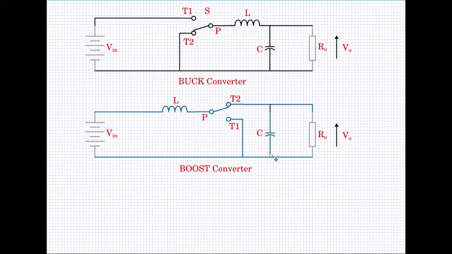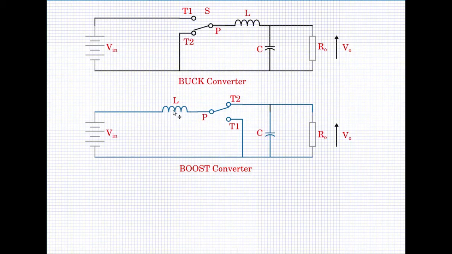In this way, it will boost the input potential with respect to the output potential by virtue of the L di by dt generating force, which will pump the current through the pole T2 path into the output. So this is how the boost converter operates. Later we will use the volt-second balance across this inductor to find out the input-output relationship.